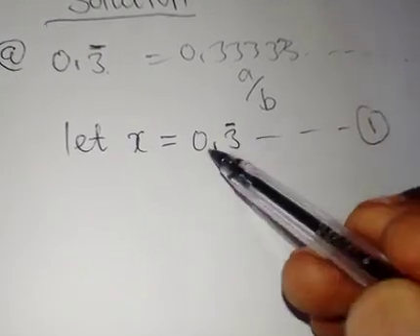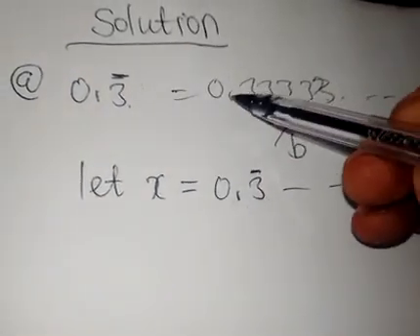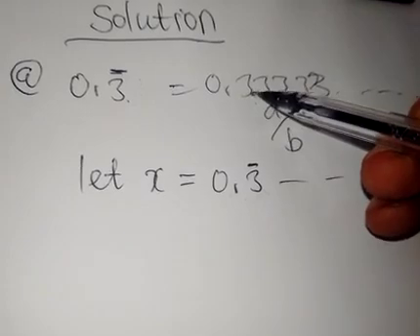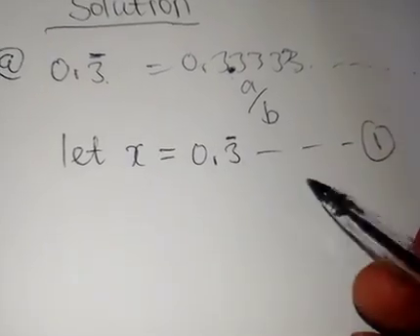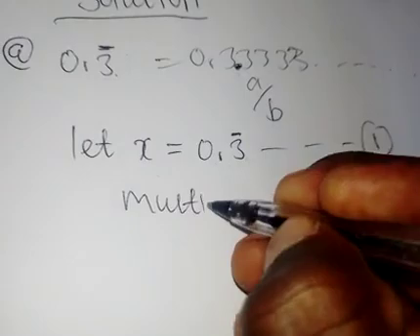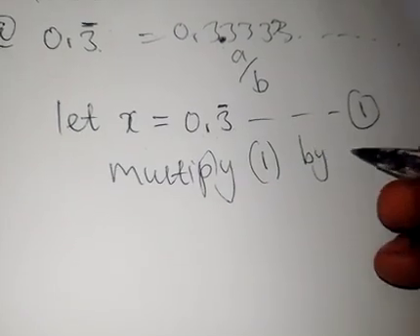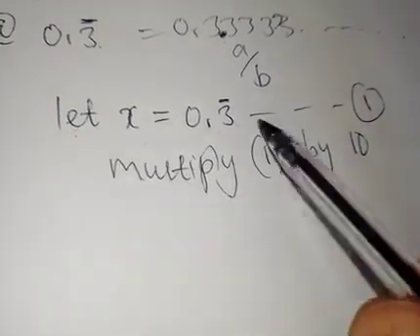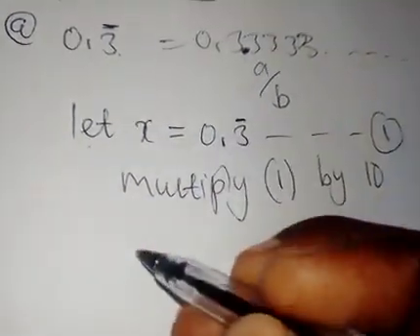So the point should be moved to there. So we should just multiply equation 1 by 10, on both sides.